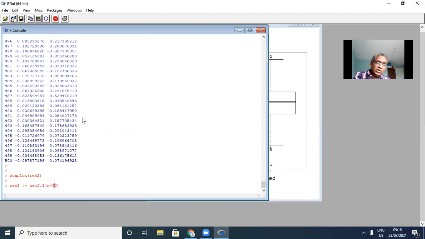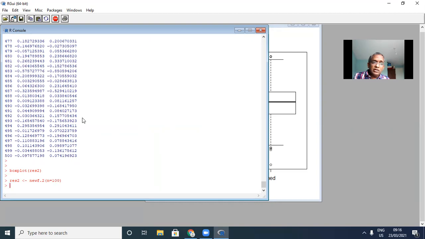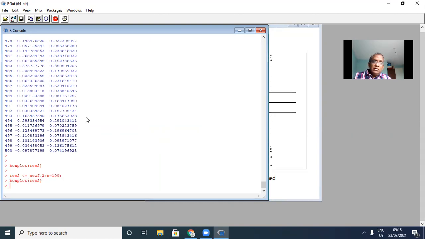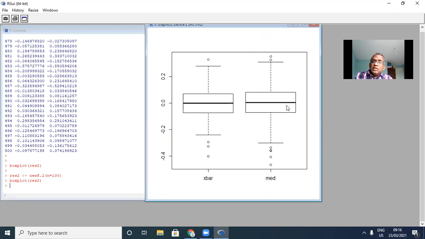Let's try different values. Let's take n to be 100, right? And this is what you see. Once again, they are both pretty symmetric. Once again, the variability of the first box plot is slightly smaller than the variability of the second box plot, right?